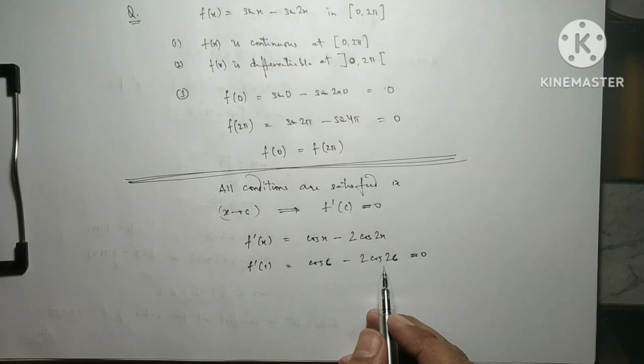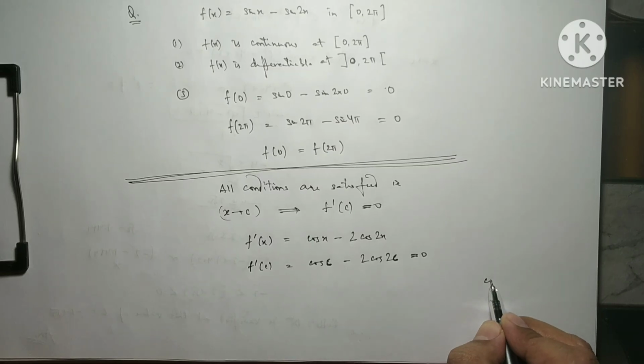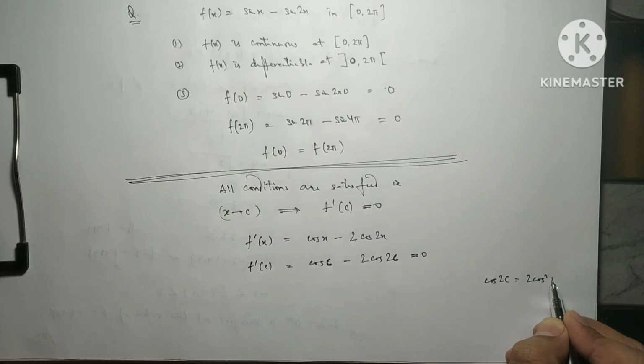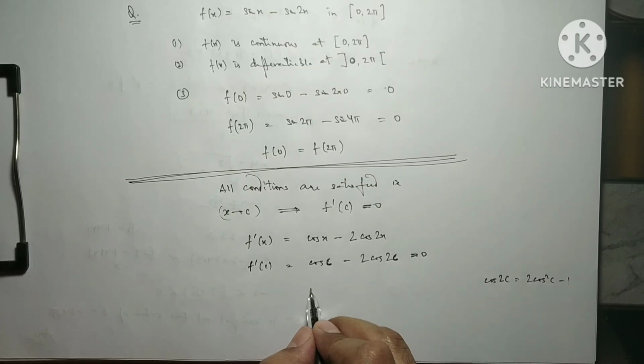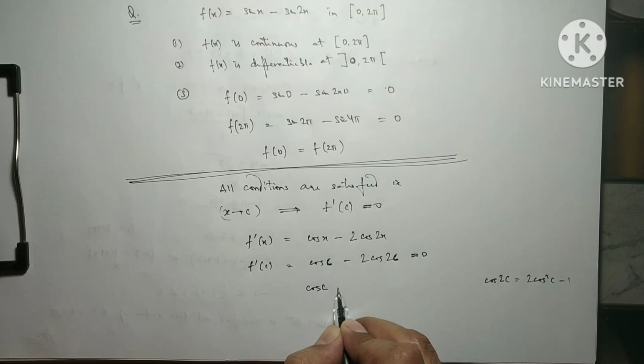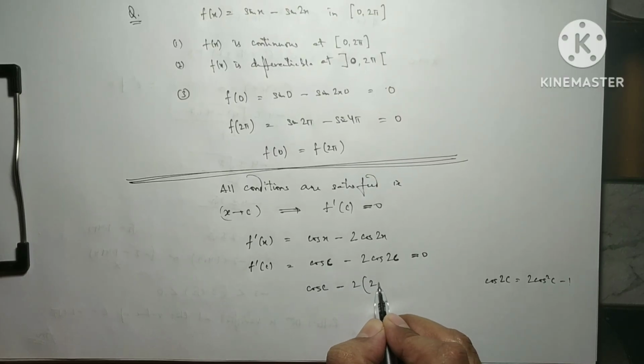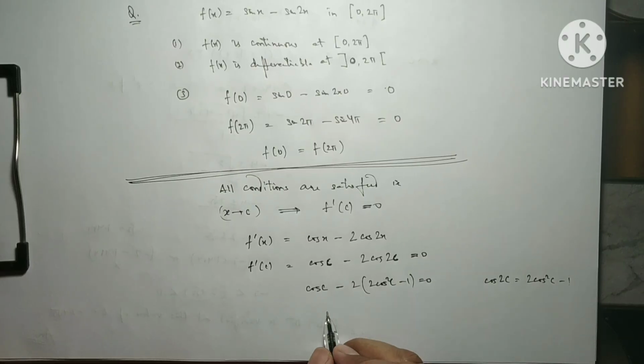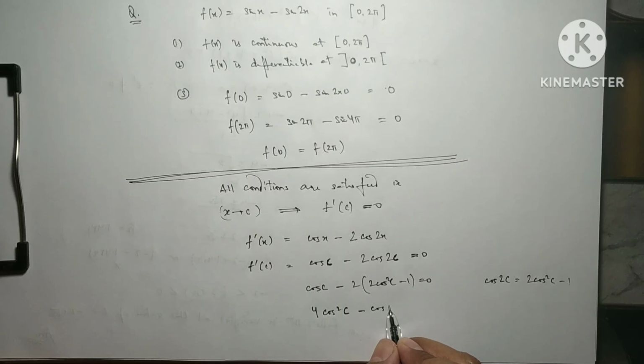We will use this, and you can place the value of cos 2c as 2 cos square c minus 1. So it will be cos c minus twice of 2 cos square c minus 1. On the other side this becomes 4 cos square c minus cos c minus 2.